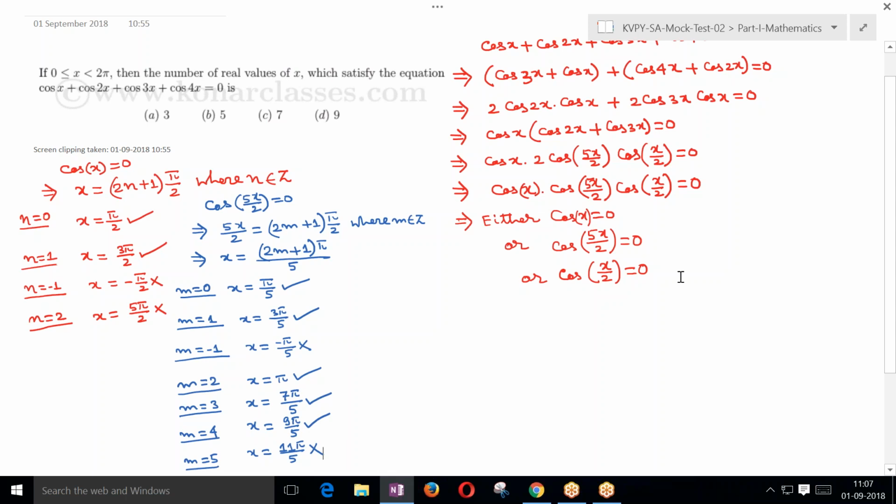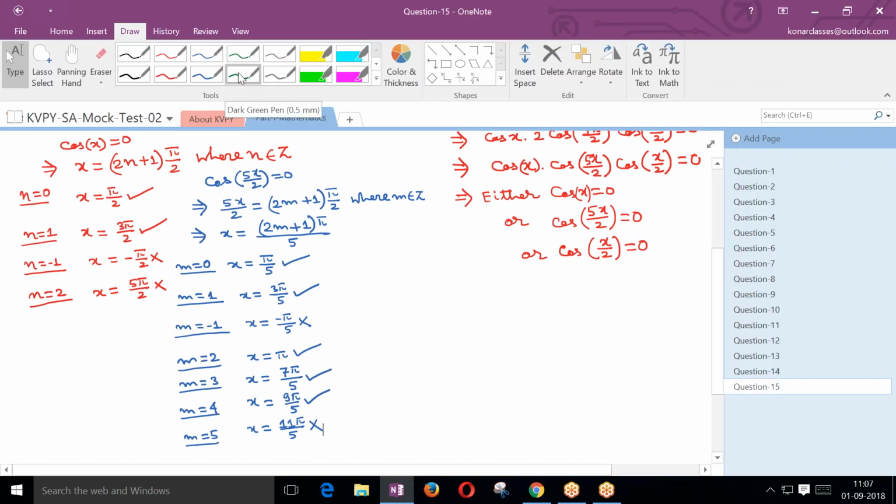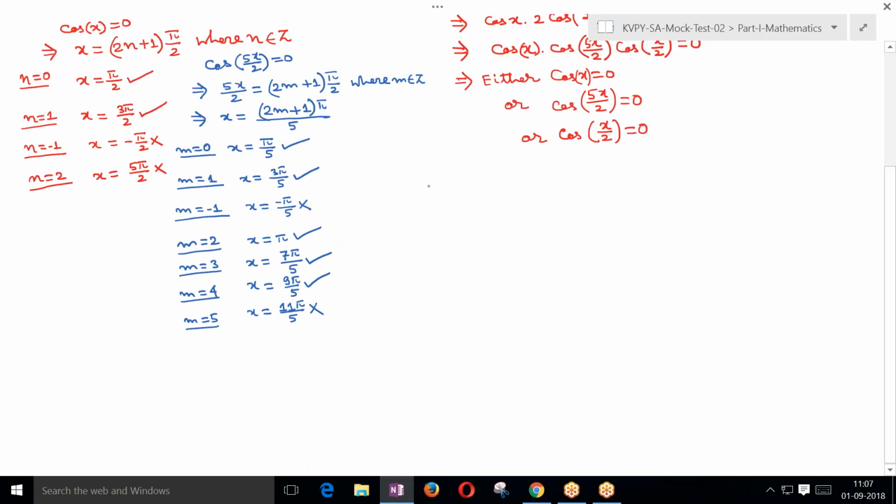Now the last case we are left with is cos of x by 2 equal to 0. So let's apply cos of x by 2 equal to 0.